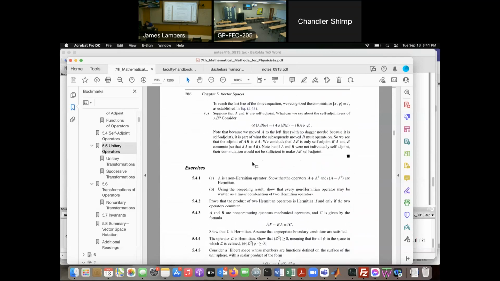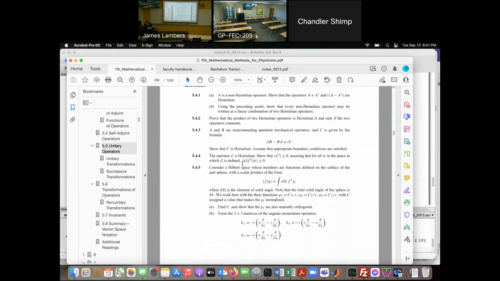What you need to use for this, I'm not sure if you were using this already, is the fact that the scalar product of any function with itself has to be non-negative. So the goal is to write the given expression as something of that form, using the fact that L is Hermitian.